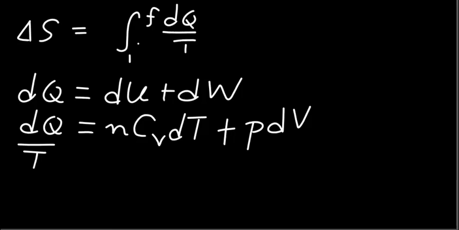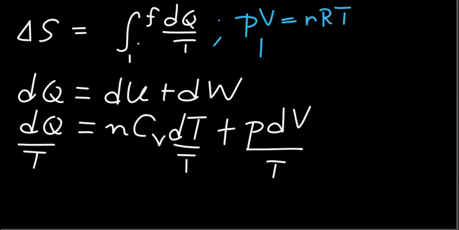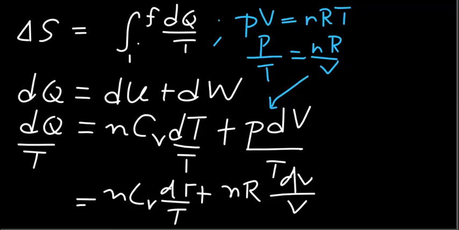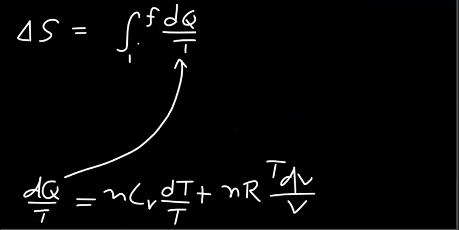Dividing the entire equation by temperature, you get that. We are dealing with an expansion of an ideal gas, so the ideal gas law is given by PV equals nRT. That means P over T is nR over V. So we can simply substitute that expression in there, and that's going to give you nR dV over V, in addition to the first term, nCV dT over T, that defines dq over T. So let's substitute this expression into that integral.